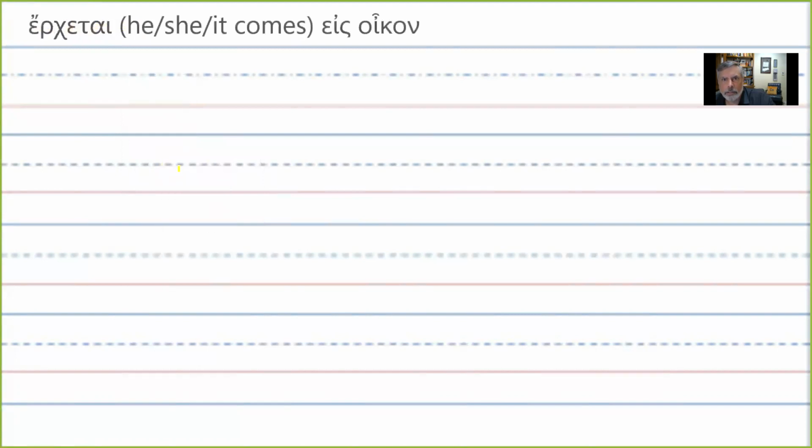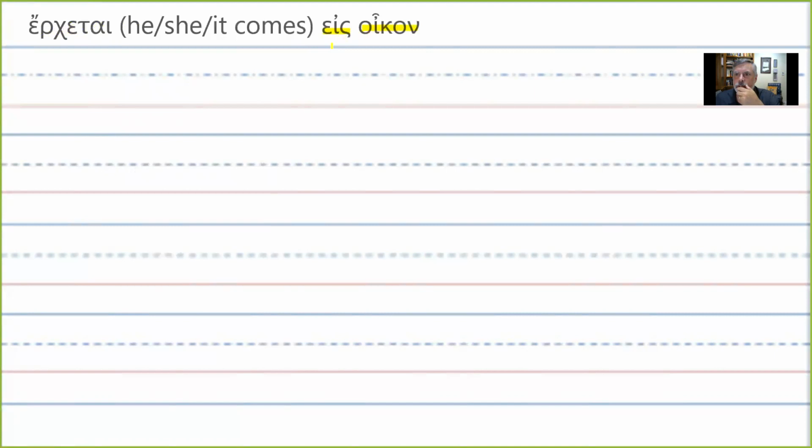And next slide. Okay, now we had done verbs. This one was given to us, erkatai. Erkatai means comes. It's either he, she, or it comes, and built into the verb is the subject. And this is a third person singular. So he, she, or it comes. And here's our preposition, eis oikon.